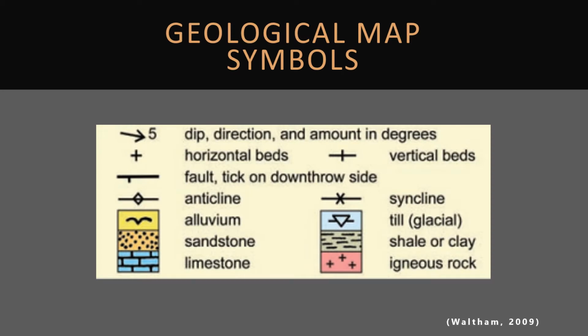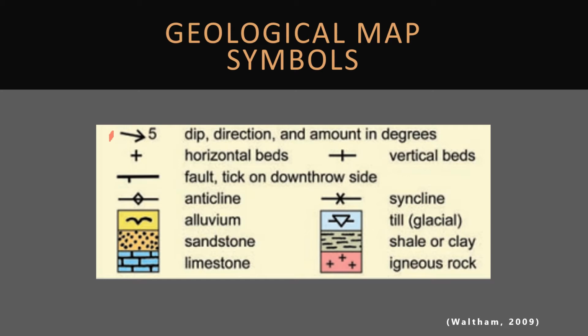These are geological map symbols that are commonly used in interpreting geological maps. As you can see, the dip, its direction, and its amount in degrees is this one. It is represented by an arrow and a number in degrees.